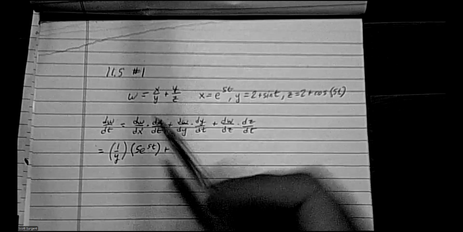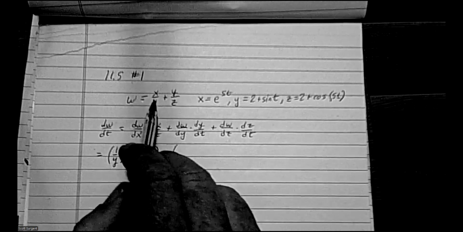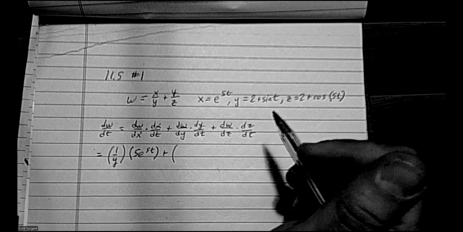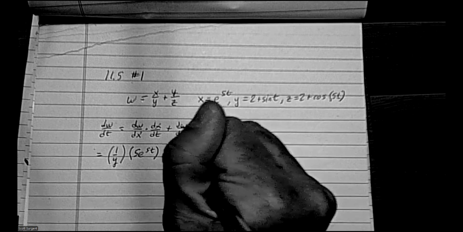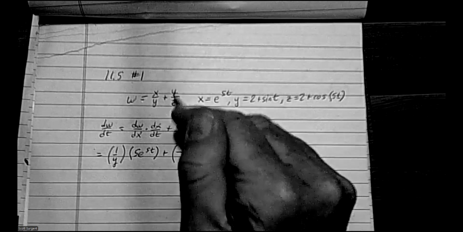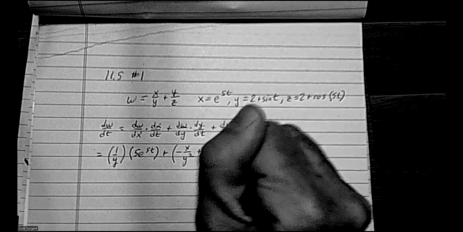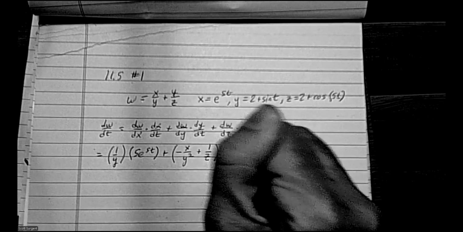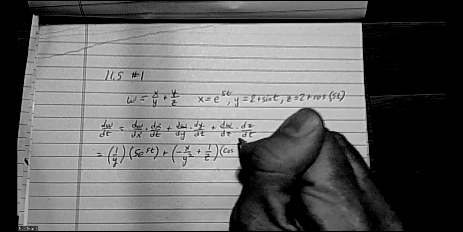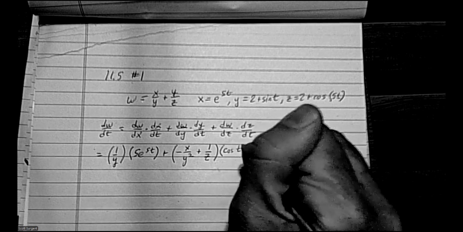dw/dy, all right, that one's a little complicated. y is in the denominator. I'm going to use that old trick that the derivative of 1 over y is negative 1 over y squared. And then this will just be plus 1 over z. And then the derivative of this guy will be cosine t, so dy/dt.